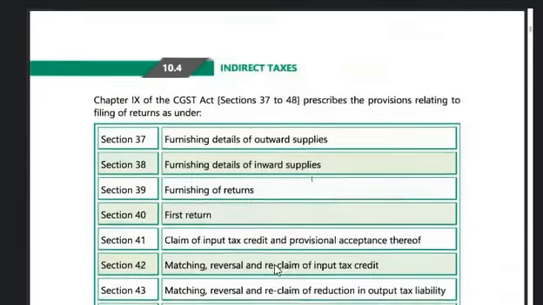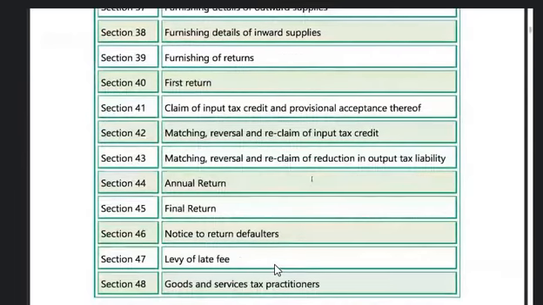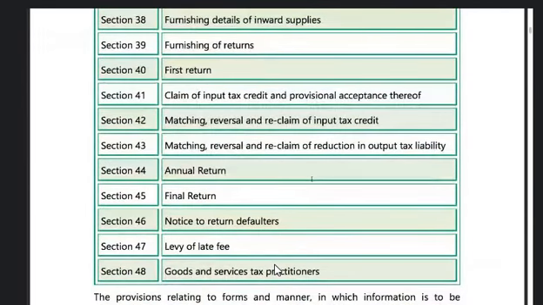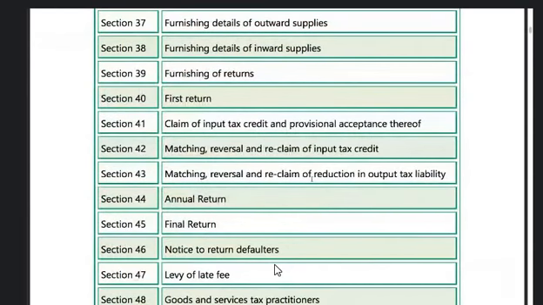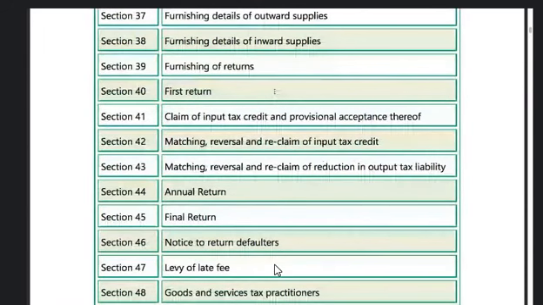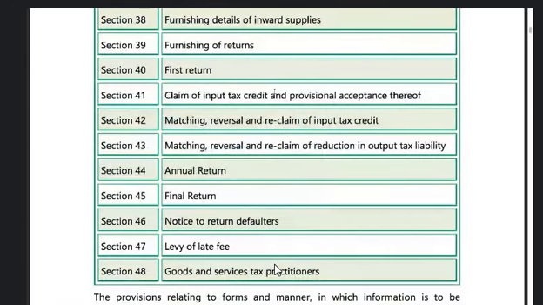The provisions of returns are in section 37 to section 48. Section 37 deals with furnishing details of outward supply. Section 38 deals with furnishing details of inward supply. Section 39 deals with furnishing of returns. Section 40, first return. Section 41, claim of input tax credit and provisional acceptance thereof.